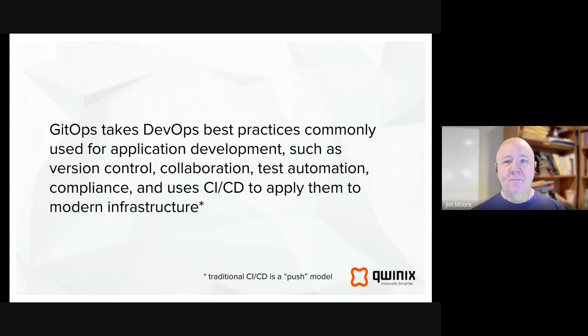And as purists of GitOps will note, I am referring to the push model, as it's usually referred to when people talk about CI/CD. That's not technically fully true for GitOps, but it's a well understood term. So we're going to go with it, and I'll clarify that a little bit more later on some of the technologies and techniques that are used, especially because of the particular demands of operations and infrastructure.